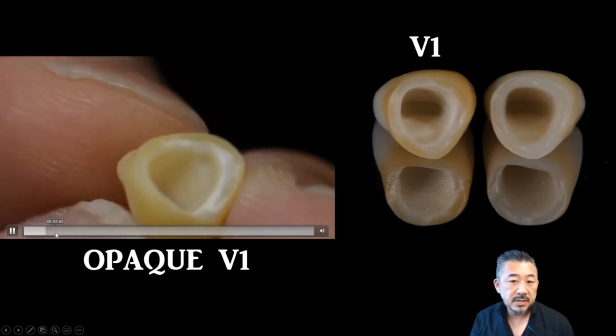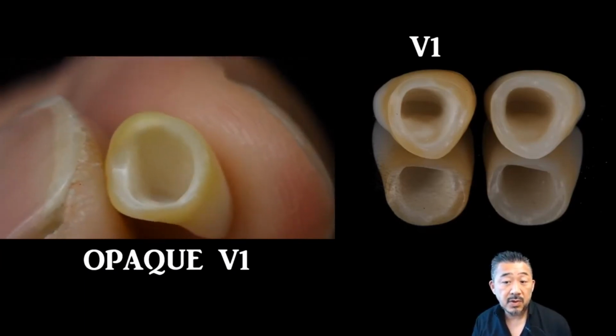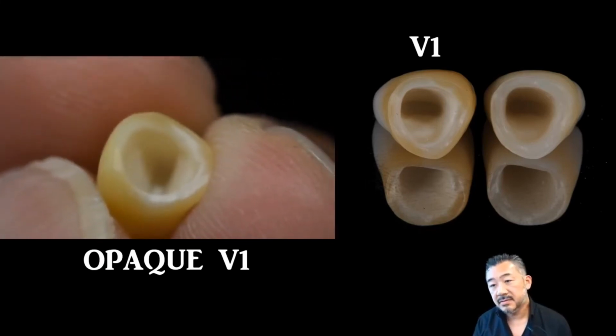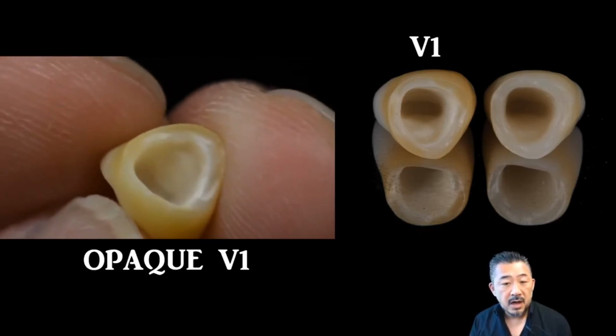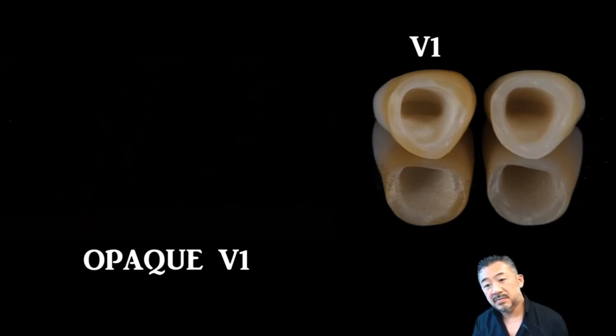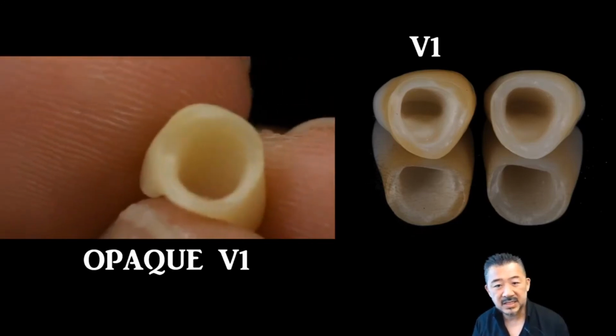Okay, this video is after firing. The inside of the crown painted with the V1 has become whitish and blocked the color inside, right? However, please be careful, as this will cause the stain applied from the outside to be emphasized on the surface.